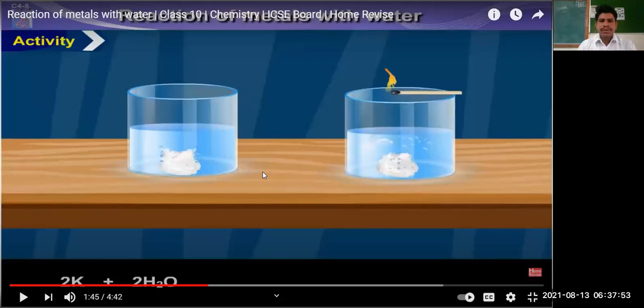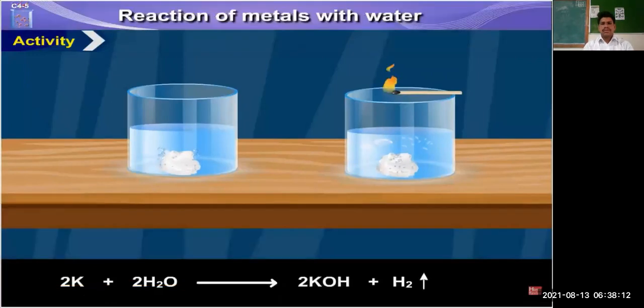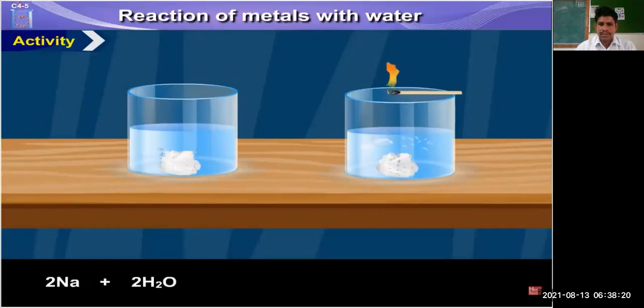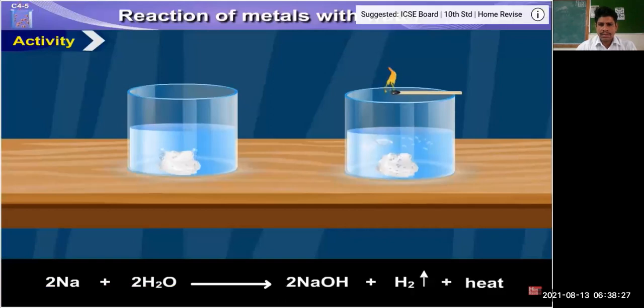In an endothermic reaction heat is absorbed, and in an exothermic reaction heat is released. It gives 2KOH plus H2 plus heat. 2Na plus 2H2O gives 2NaOH plus H2 plus heat.